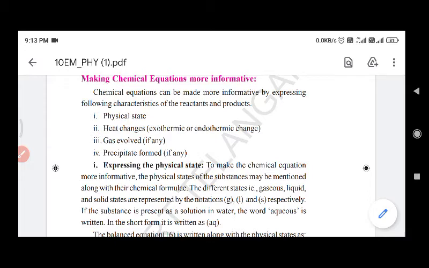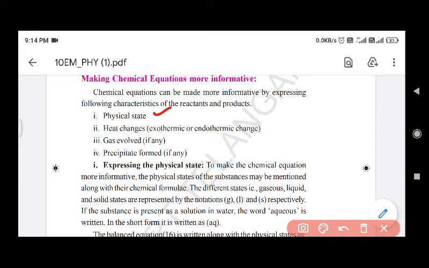So how can we write our chemical equation more informative? By expressing the physical state of the reactants and products. They may be in solid state, liquid state, gaseous state, or aqueous state. So we have to represent the state of the substance beside the formula of the compound or symbol of the element.